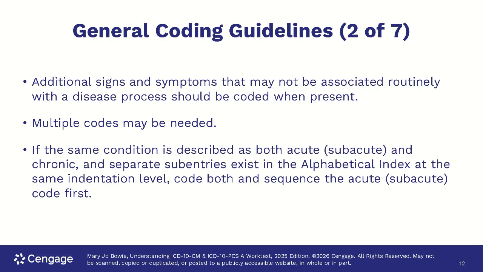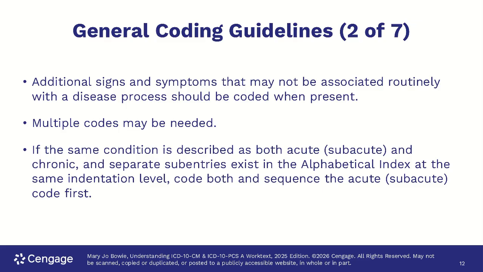Next up, signs and symptoms that are not routinely associated with the disease should be coded when present. So in your textbook, I think they have an example of a patient who has an ankle fracture and they have nausea. Well, nausea is not related to a fracture, so you could code them separately. Okay. All right. Situations where multiple codes may be needed.